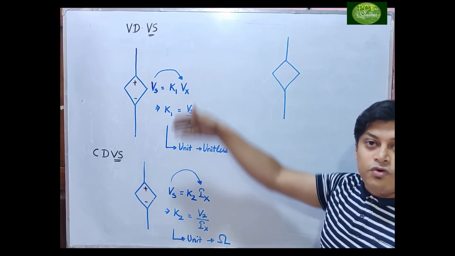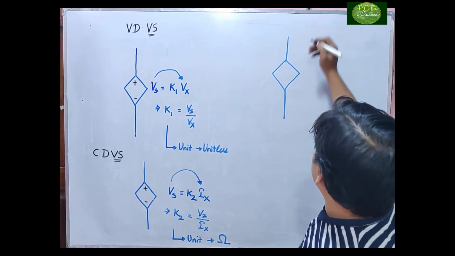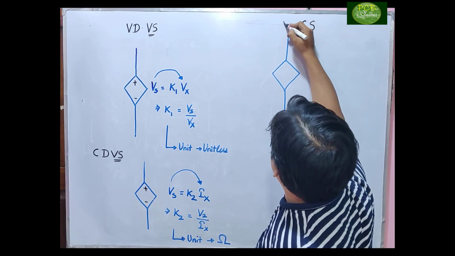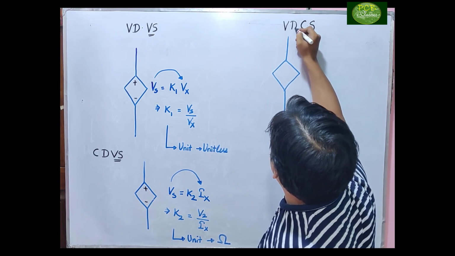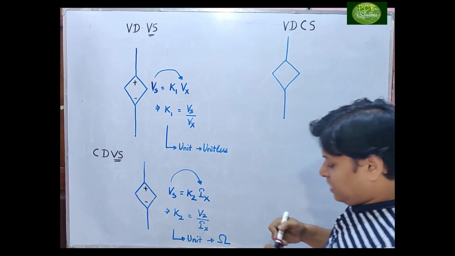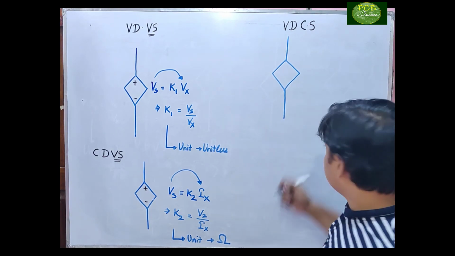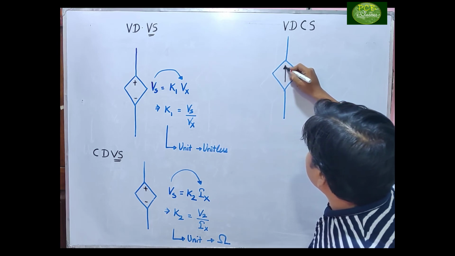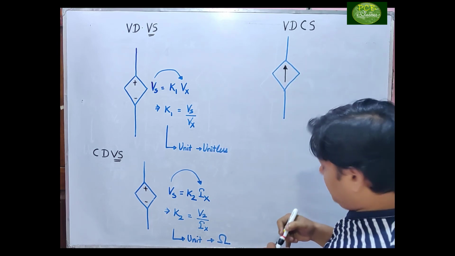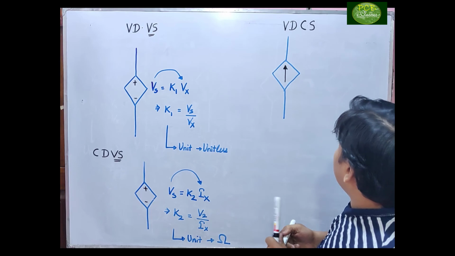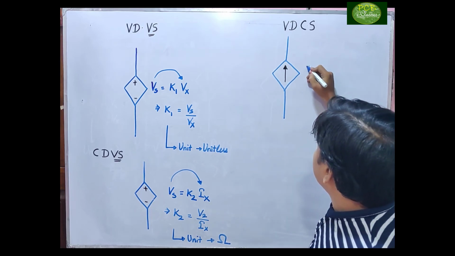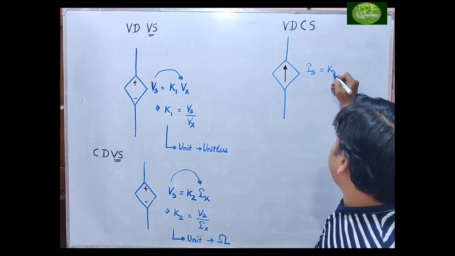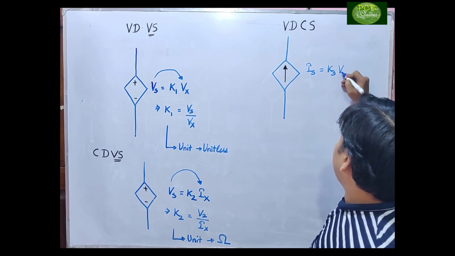We have gone through the voltage sources. Now we'll come to the current source. First we'll take the voltage dependent current source. So it is a current source. Current source, so we'll have one direction in it. What will I write down here? Is will be equal to K3 times Vx.